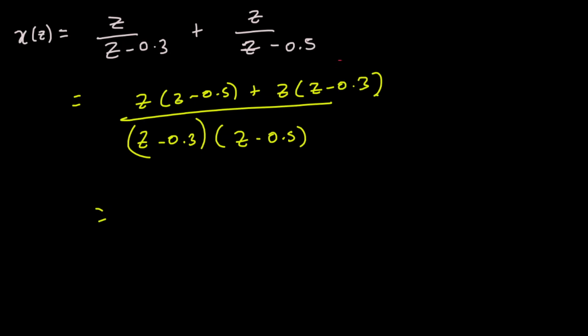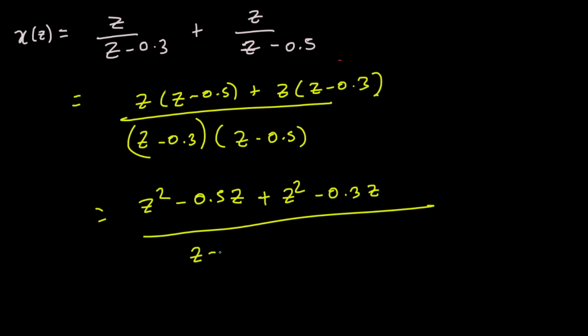So z squared minus 0.5 z, plus z squared minus 0.3 z, divided by z minus 0.3 times z minus 0.5.